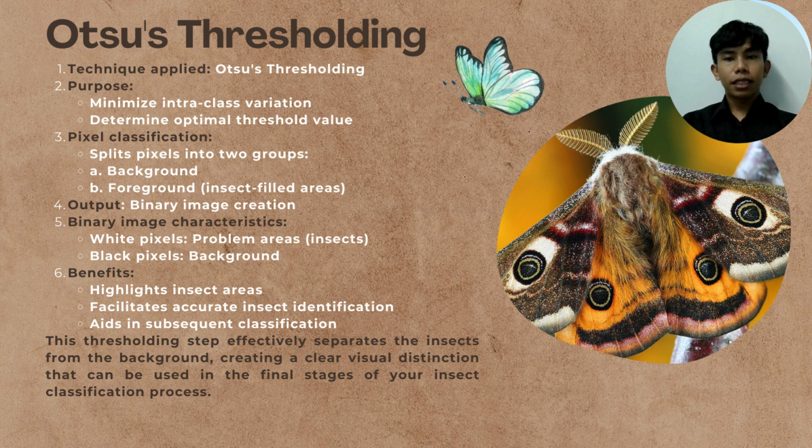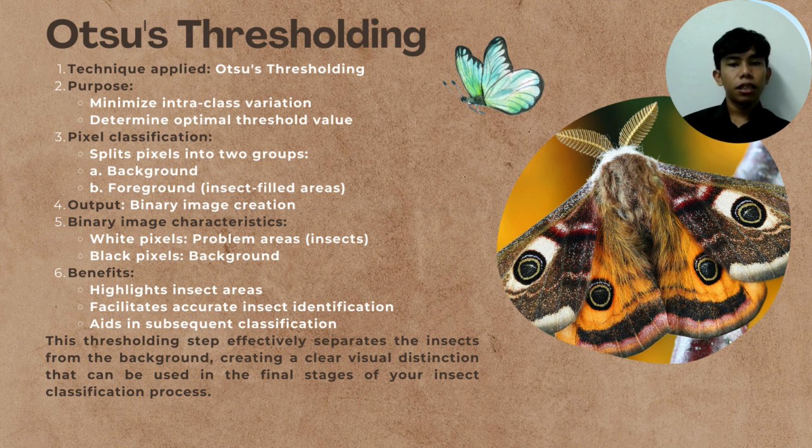Next, we also use Otsu thresholding. This technique's purpose is to minimize intra-class variations and determine the optimal threshold value. It also uses pixel classification, splitting pixels into two groups, background and foreground. The foreground is the insect area, and the output is binary image creation.